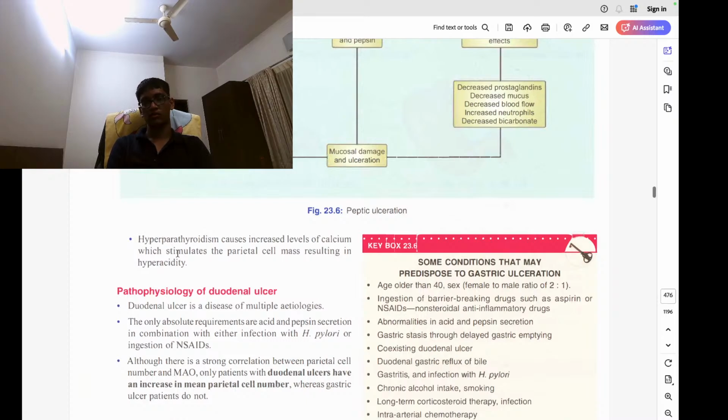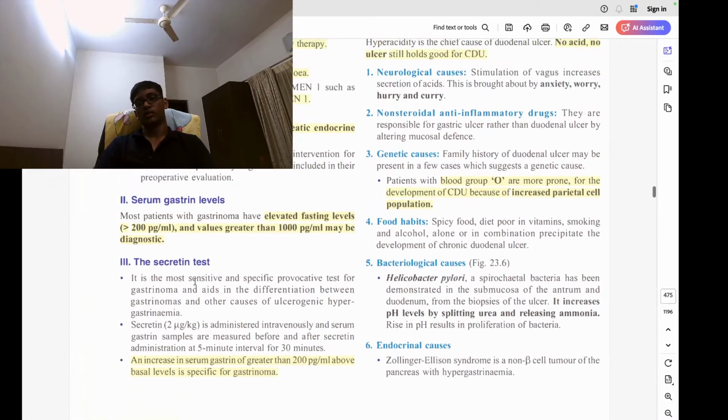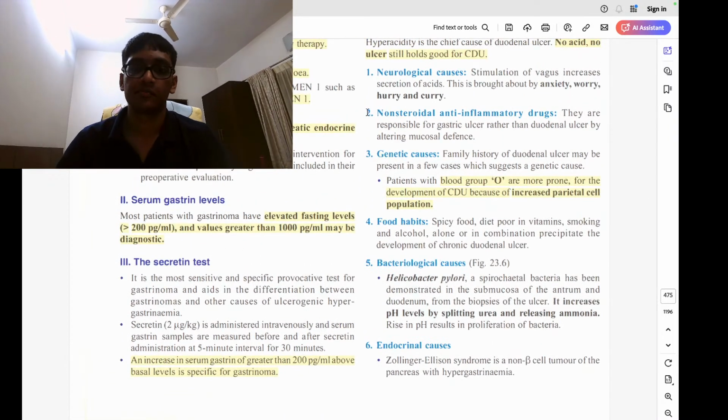Hyperparathyroidism causes increased level of calcium. Neurological causes: anxiety, worry, hurry, and curry.